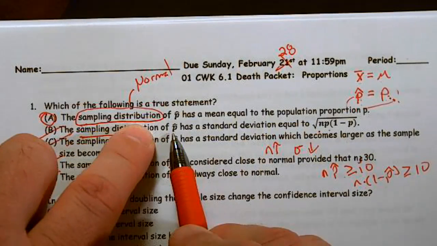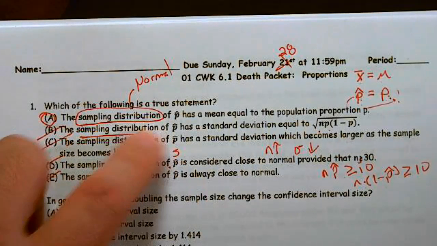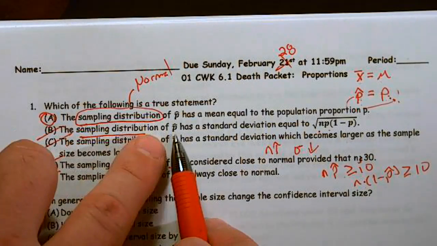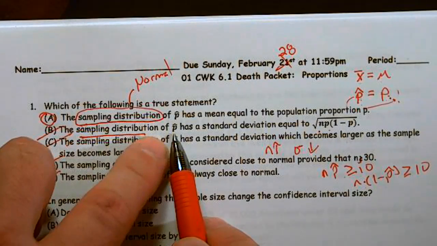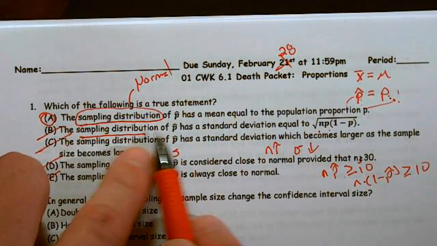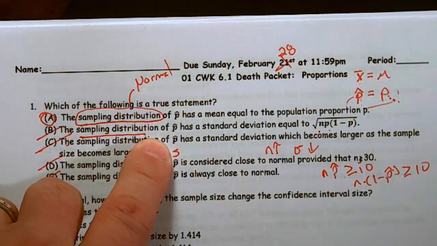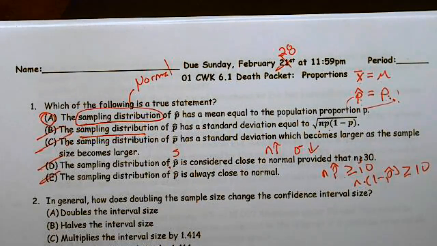So the distribution of the proportion is binomial. It is. But the sampling distribution of p hat, that's the same as saying the sampling distribution of x bar. The sampling distribution of p hat is normal for a sample size that's large enough, which is np and nq greater than or equal to 10. All right, hopefully that helped.